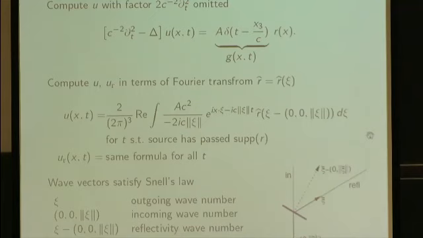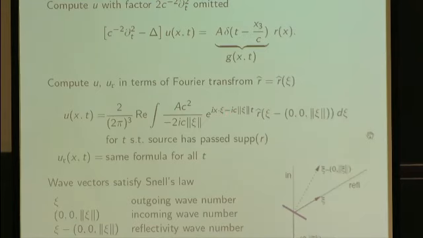Now this is a very nice formula because it shows you exactly the relation of Snell's law, the relation between incoming and reflected fields, and the reflectivity in terms of the wave numbers. So here you see the wave number of the outgoing wave, that is just psi.